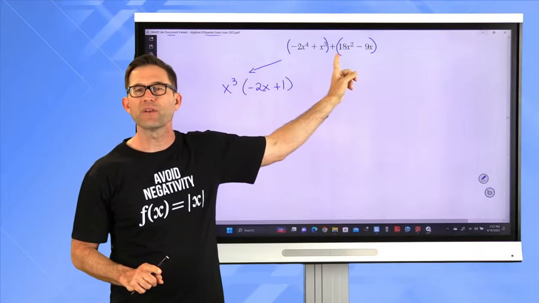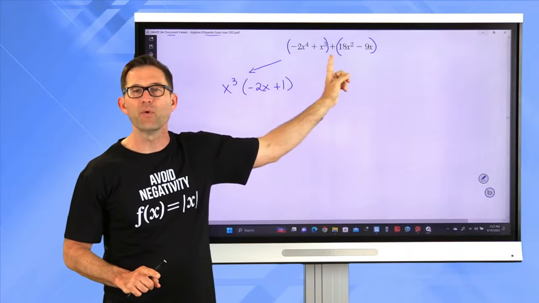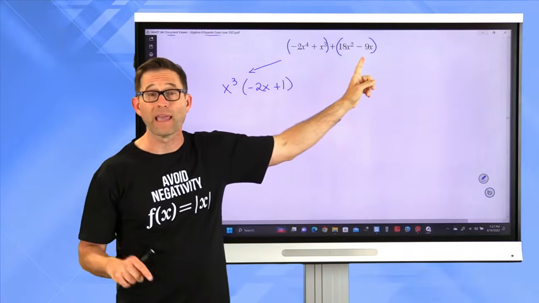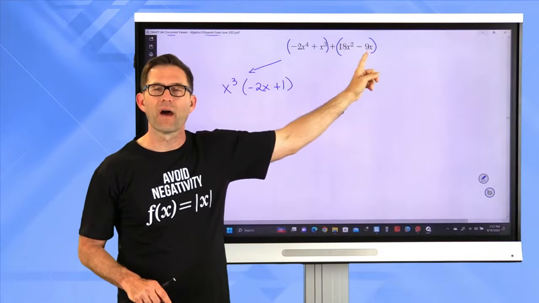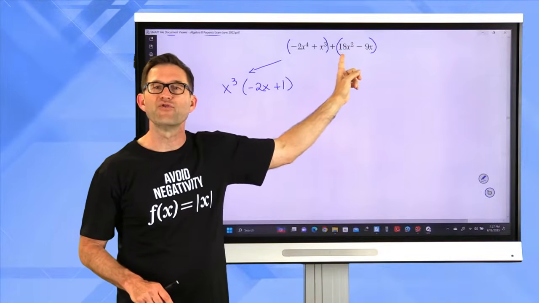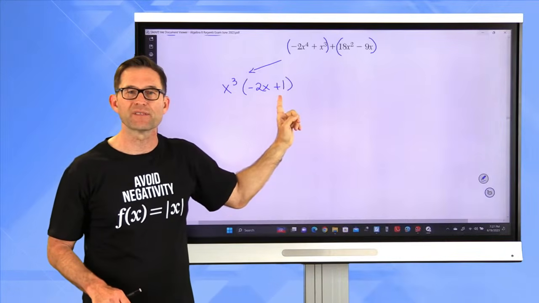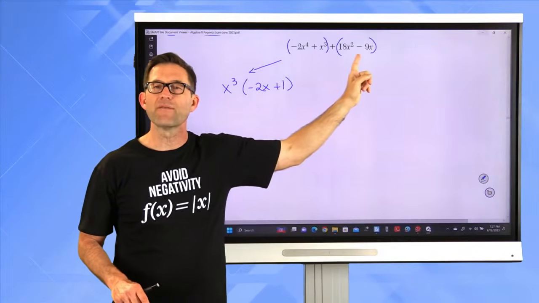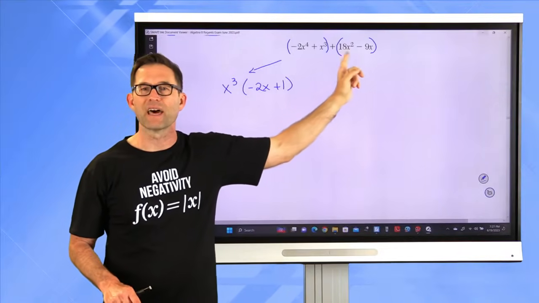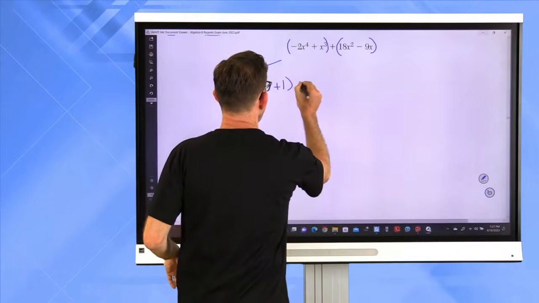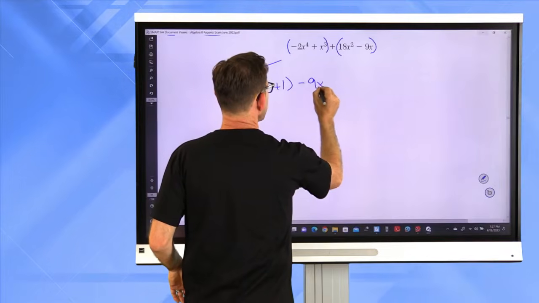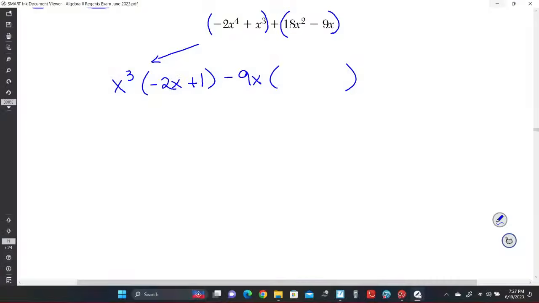So it's very tempting to factor a 9x out of both of these, and that would be fine. The problem is if I factor a 9x out of both of these, I'll be left with 2x - 1, literally the opposite of this. So what I'm going to do instead of factoring a positive 9x out of both of these is factor a negative 9x out of both of them. And when I do that, what do I have to multiply -9x by to get positive 18x squared?